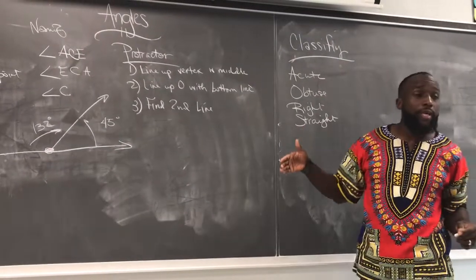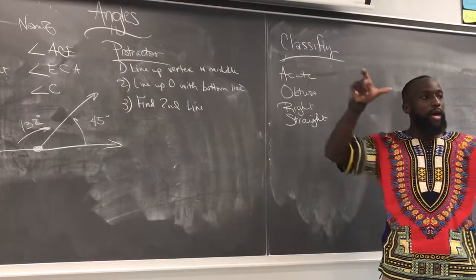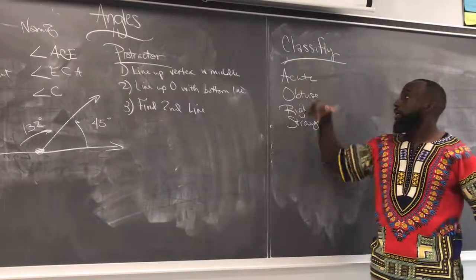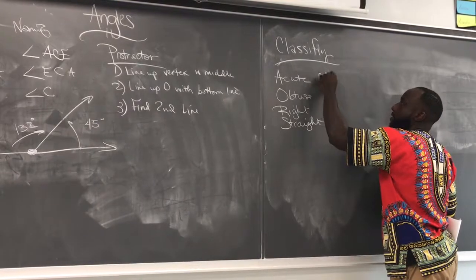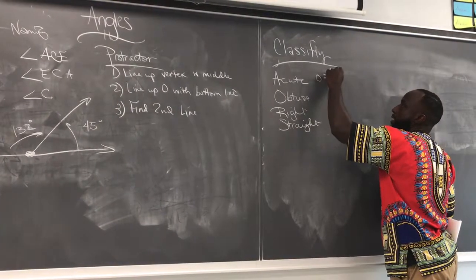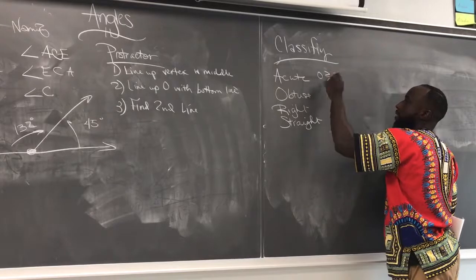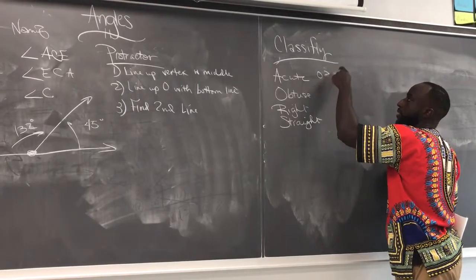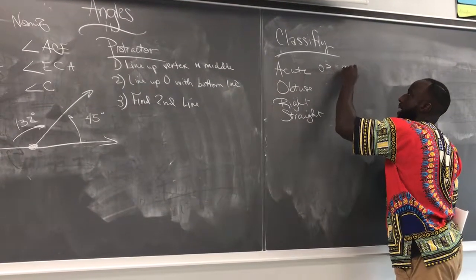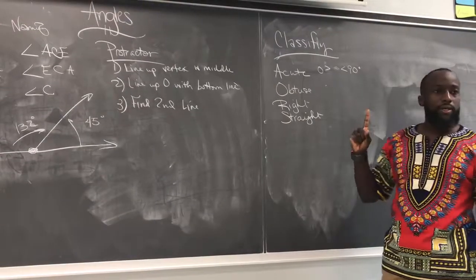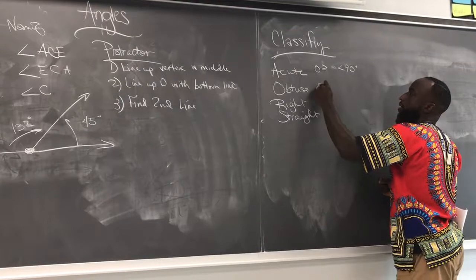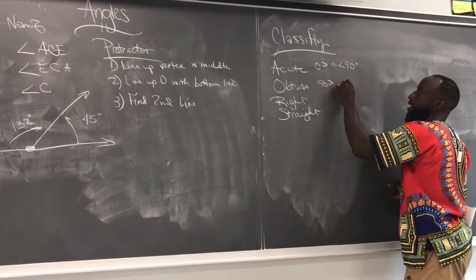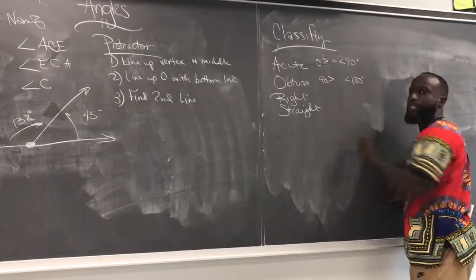Each one of these 4 classifications gives you a threshold, a measurement. Acute angles are greater than 0 and less than 90. Obtuse angles are greater than 90 and less than 180 degrees.